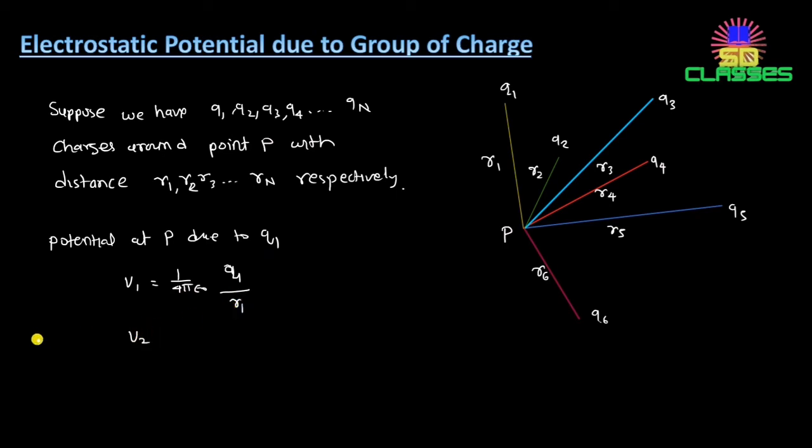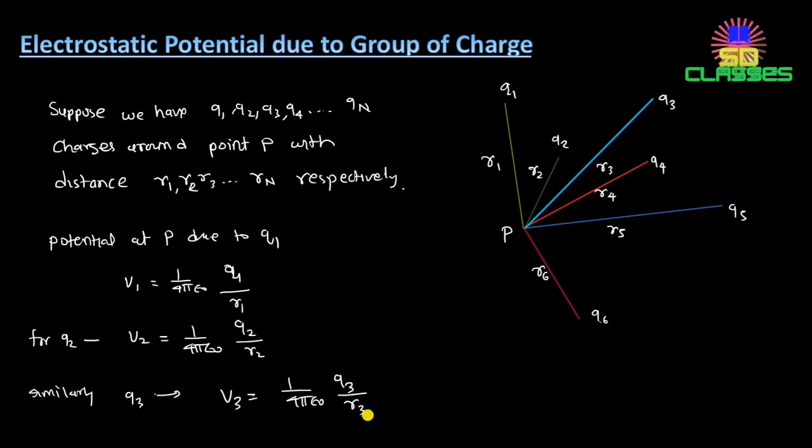Similarly for q2, the potential will be V2 equal to 1 by 4 pi epsilon naught q2 by r2. Similarly for q3, V3 is equal to 1 by 4 pi epsilon naught q3 by r3.